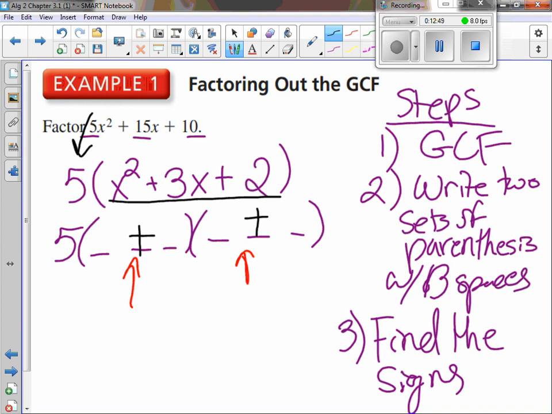Because as we saw with the two negatives, when they multiply, they become positive. But when we combine those two middle terms, it keeps its sign. So if it's positive, we look at the middle one to see, were they both positive? Or are they both negative? And here, because I have a positive and a positive, these signs have to be positive. And that's it for signs.